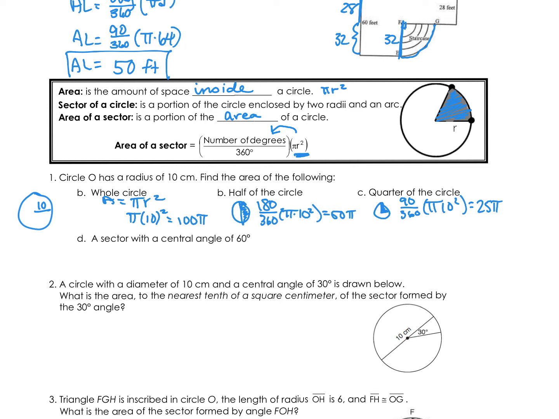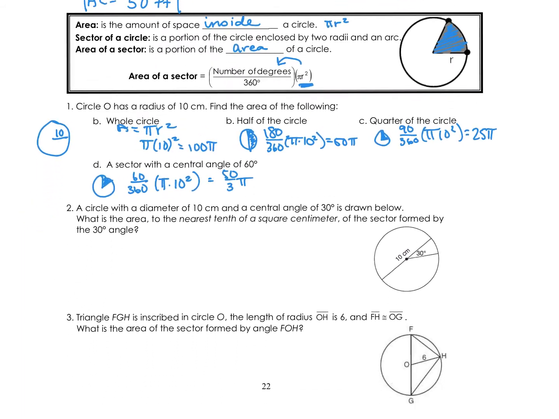And if I want a 60-degree angle, it's going to be 60 over 360 times pi 10 squared. And this one doesn't come out super nice, so I type it in, and I'm actually going to math frac it, 50 thirds pi.